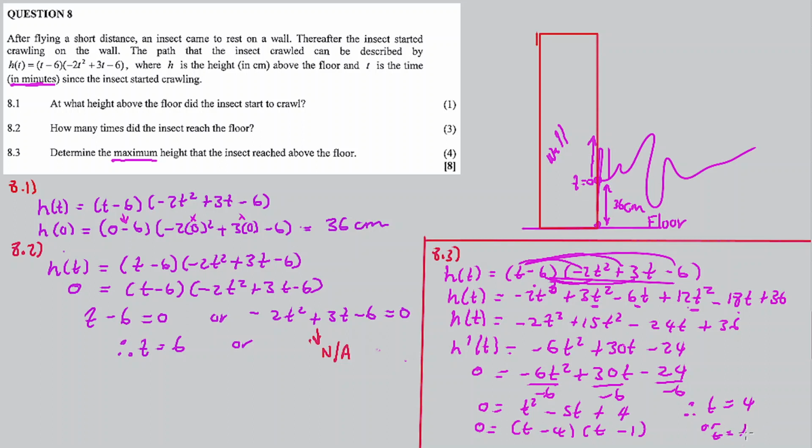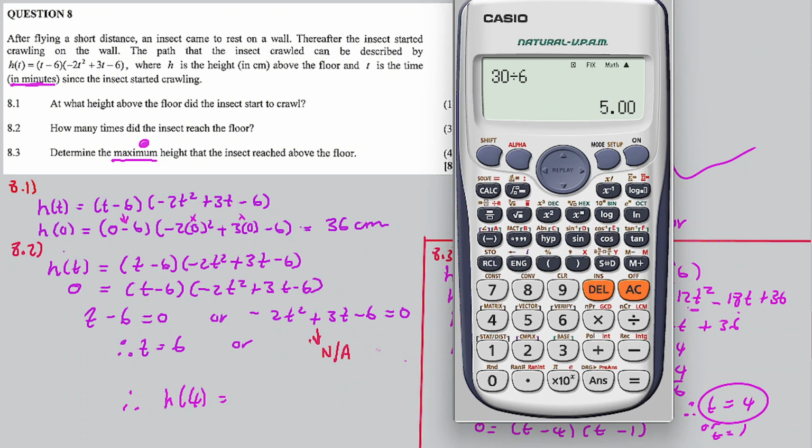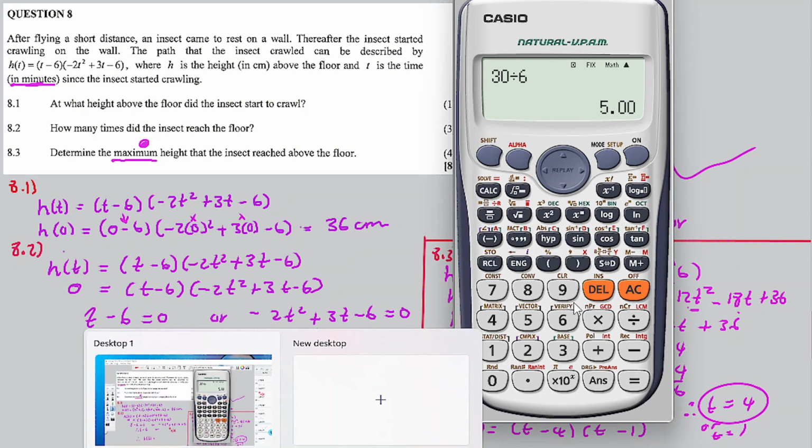So between t equal to 1 or t equal to 4, which one is the maximum? It's 4, the biggest value is 4. We need the maximum height, so therefore our time must be a maximum as well. So therefore our height at t equals 4 is equal to, we go back to the original equation and then substitute.